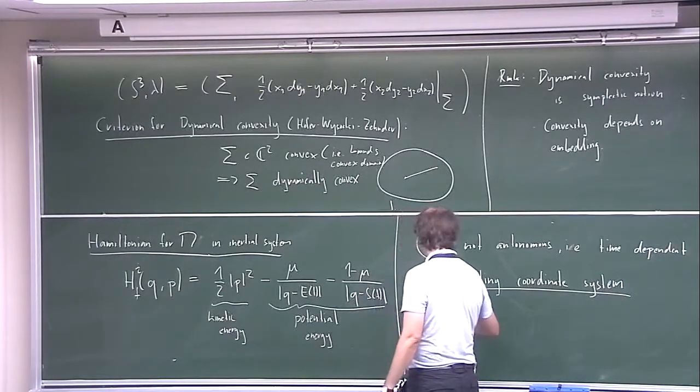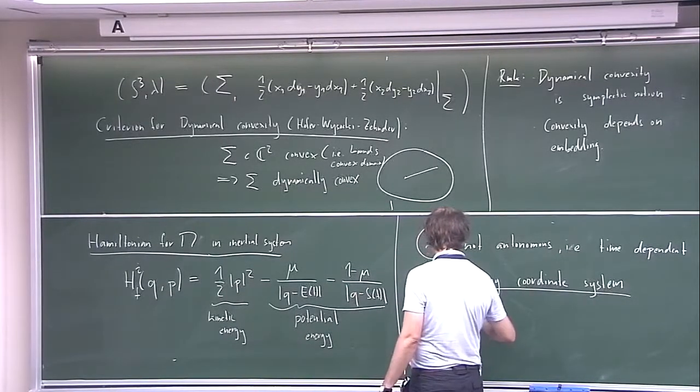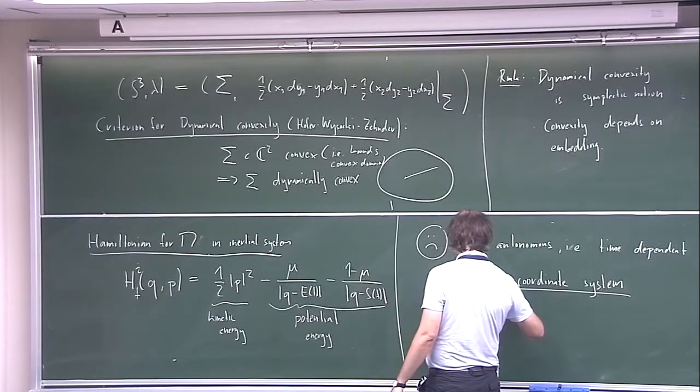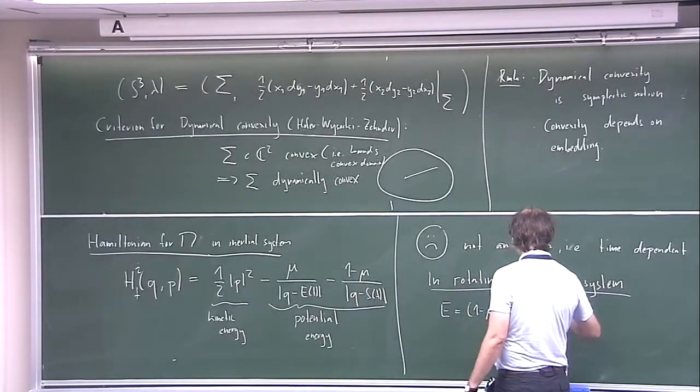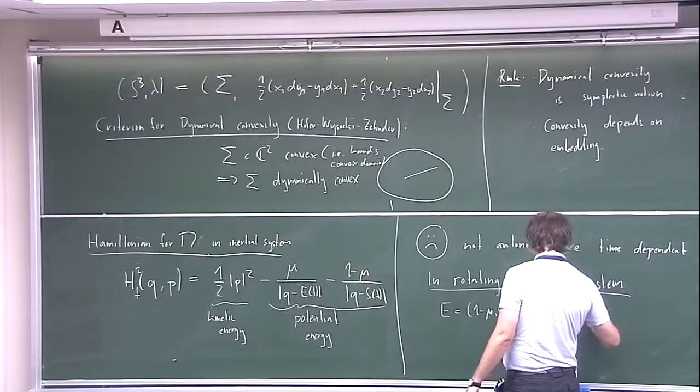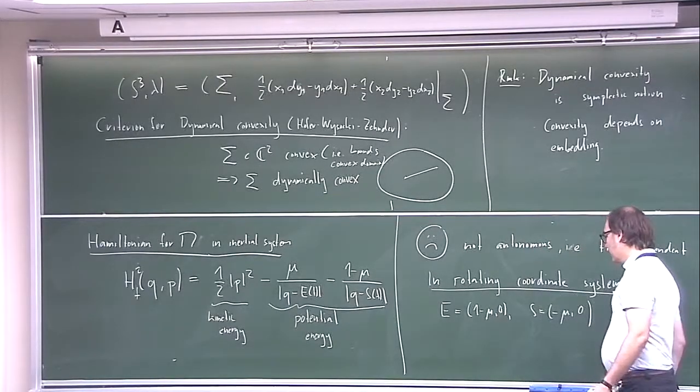So the Earth is now at rest at (1 minus mu, 0), and the Sun is at rest at (minus mu, 0).